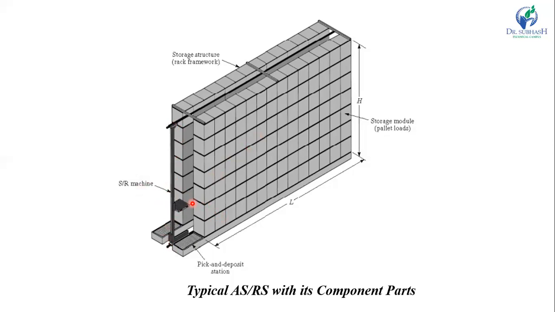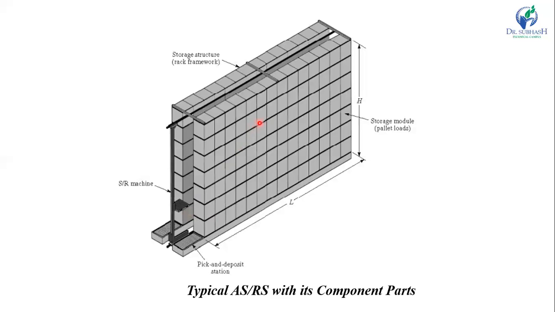Upon receipt of a request for an item, the computer will search its memory for the storage location and direct the stacker crane to retrieve the pallet. The supporting transportation will then transport the pallets from the P&D station to its destination.